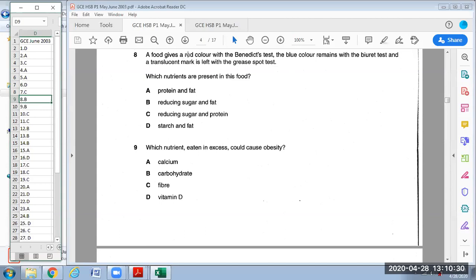That means sugar is present. That's our reducing sugar. Reducing sugar is glucose. If the solution remains blue with the Biuret test, that means it has no protein. And if it has a translucent mark, translucent means some light can pass through. That means it has some grease on the paper, so therefore fat is present.